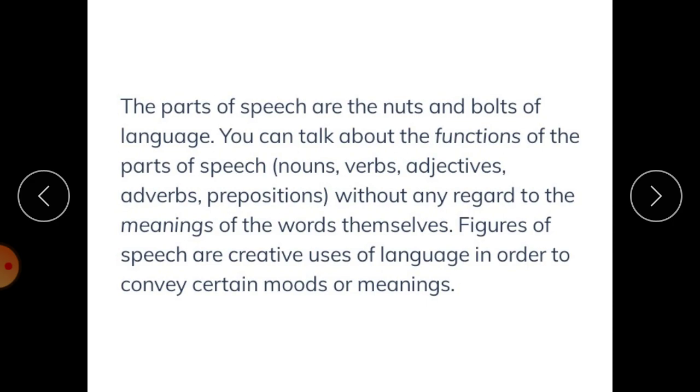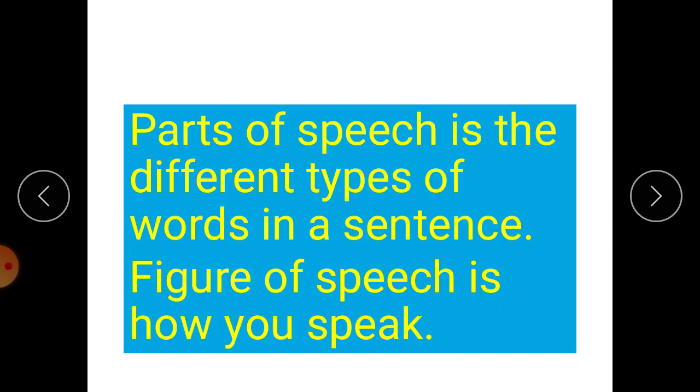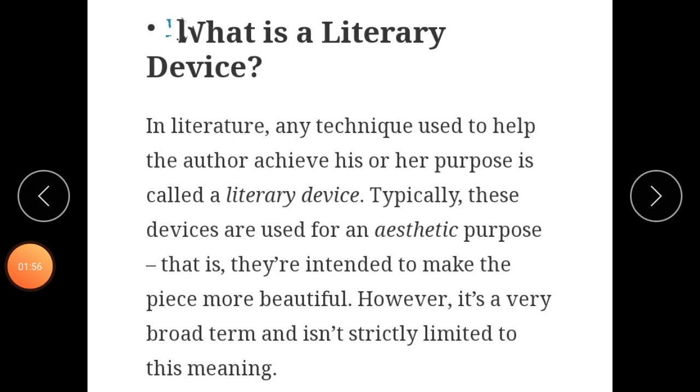Figures of speech are creative uses of language in order to convey certain moods or meanings. So in a word, parts of speech are the different types of words in a sentence, and figure of speech is how you speak.